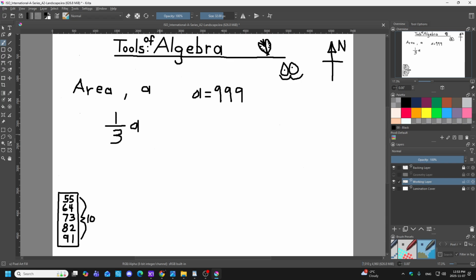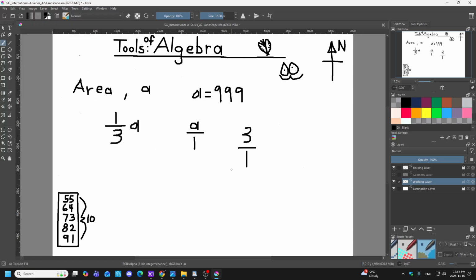When we write a variable or a number, we can assume that it's also divided by 1. We can also write it in this fashion.